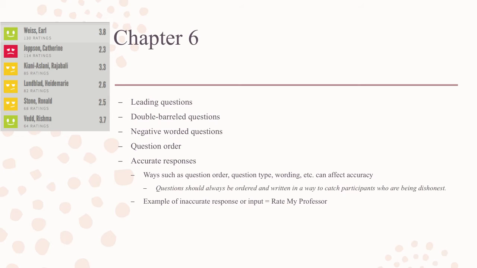There are 130 ratings for Professor Weiss, and if your average freshman college student didn't know much about psychology and inaccurate input or unreliable information, they would believe something like, oh, this professor has a happy face next to his name. That should be a good professor. But you see the professor has a 3.8, which isn't bad.